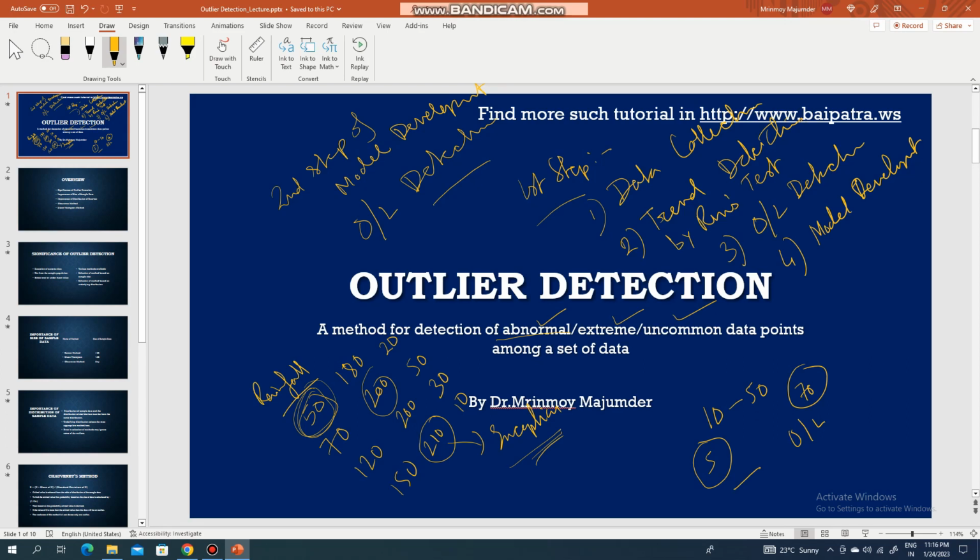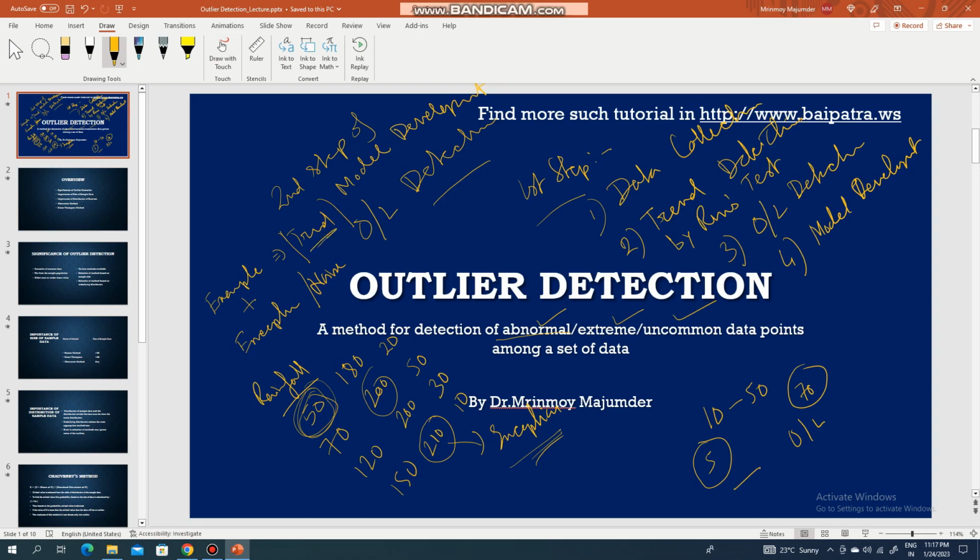And why do we detect these outliers? Because inclusion of outliers in your data, which will be used for model development, will make your model erroneous. Where the trend is there, these data with exceptions, which are also known as noise in some cases, will make the trend hazy.